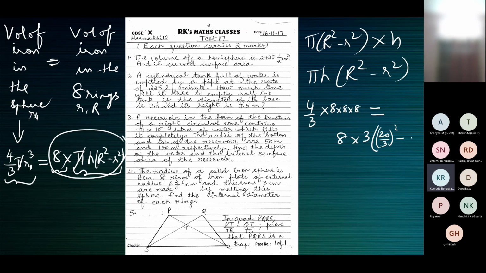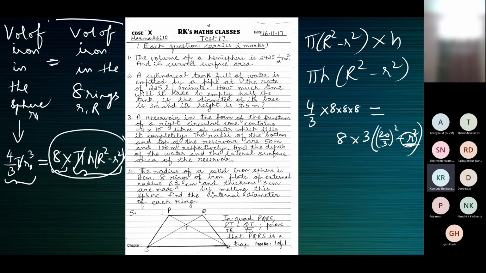Minus internal radius, we don't know. So see, r square. So in this equation, there is only one unknown. Now you know number work, how to calculate. See, there's an equation wherein you don't know r. Solve this equation and find the value of r.